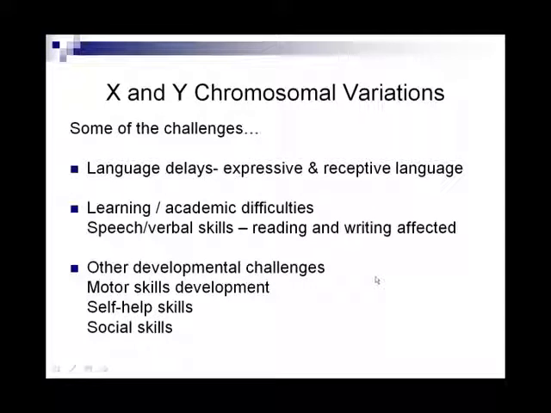Receptive language is said to be at common or quote-unquote normal levels, but there's still some children that have difficulty with that. There are learning and academic difficulties, mostly reading and writing or the verbal skills, which are affected due to the language delays. Other developmental challenges include motor skills development, self-help skills, and social skills.